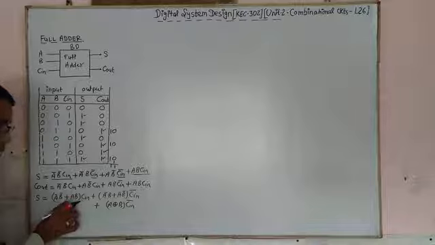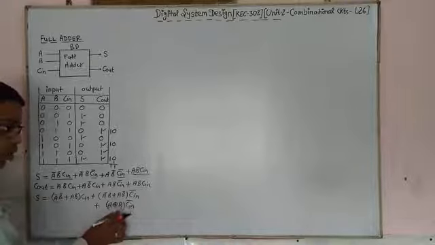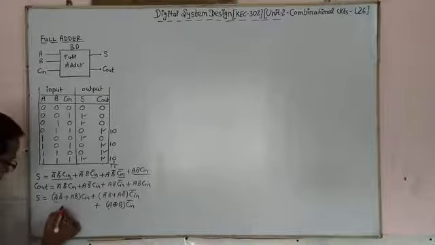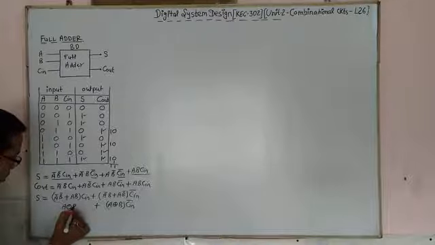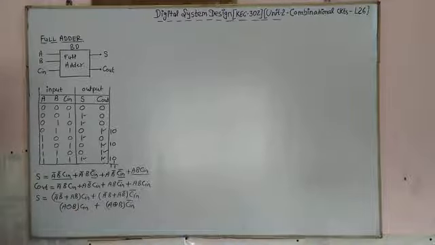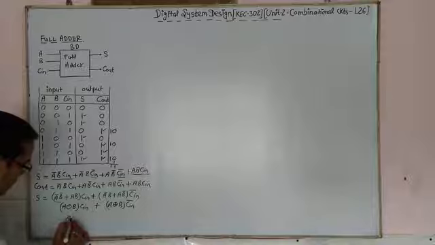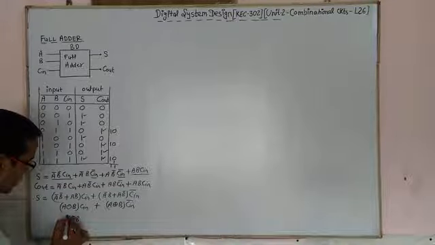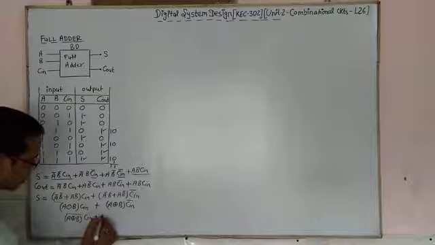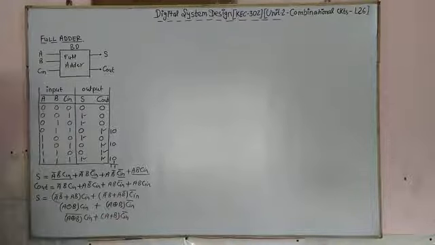XNOR for 2 input variables is the complement of XOR. So you can write here (A XOR B) bar C in plus (A XOR B) C in bar.